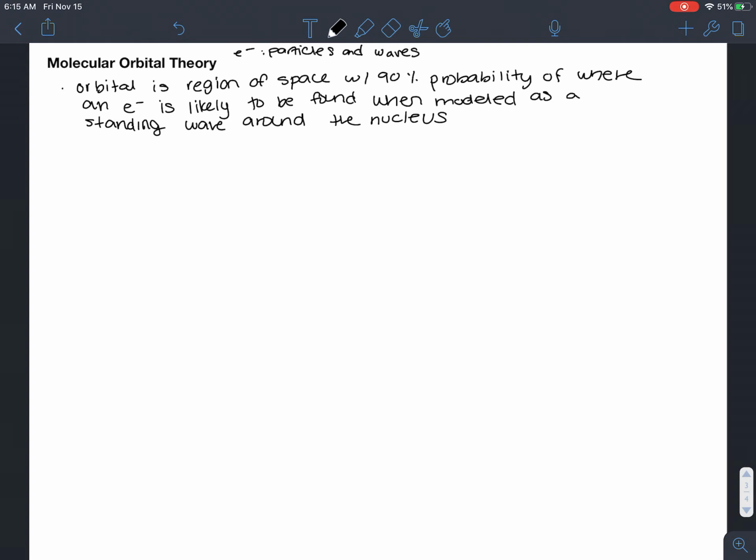Now, if we're just looking at the wave-like behavior, we're looking a little bit more specifically into molecular orbital theory. These orbitals that were discovered in the quantum mechanical model are based on solutions from the Schrödinger equation.